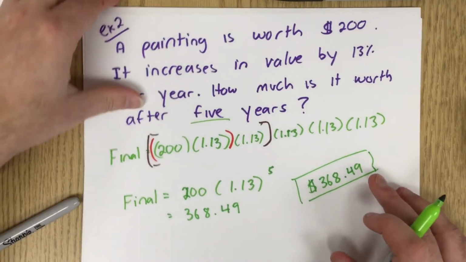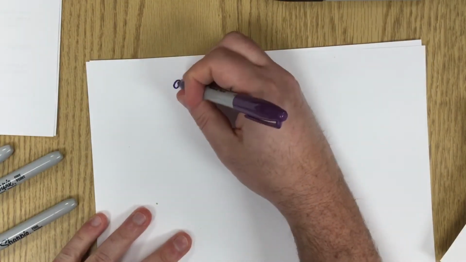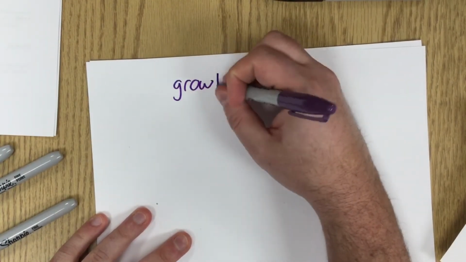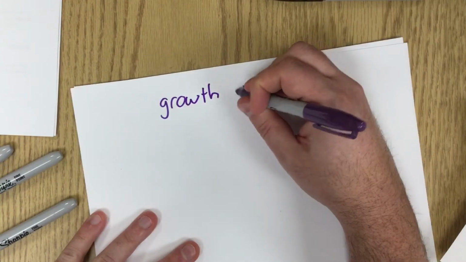Now this kind of lends itself to our formula. So we're going to have just a general growth and decay formula.